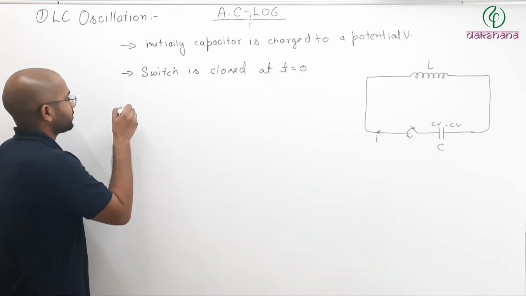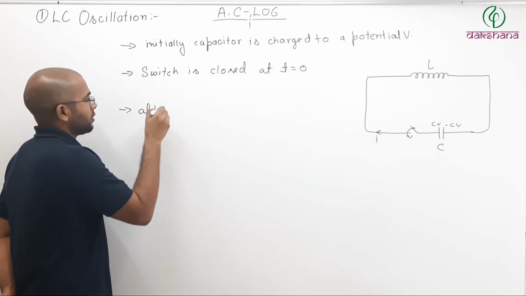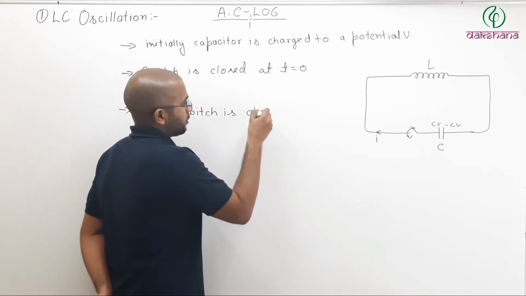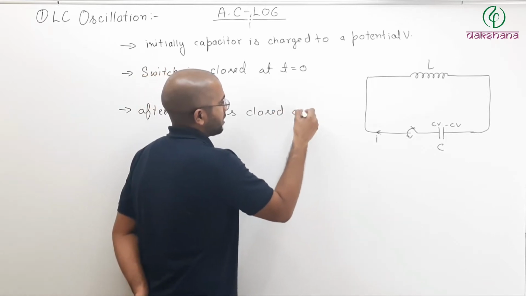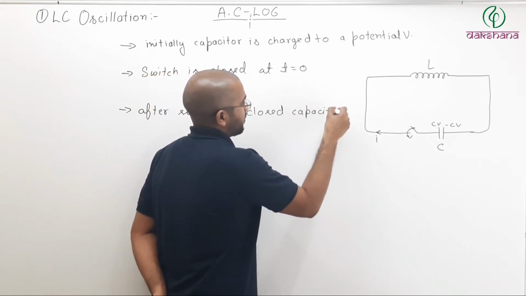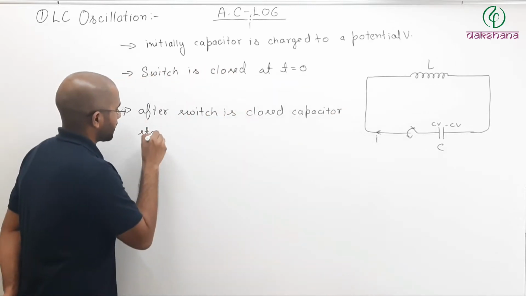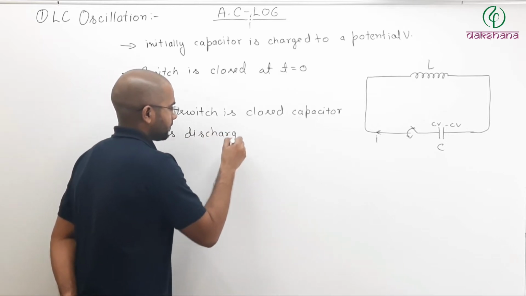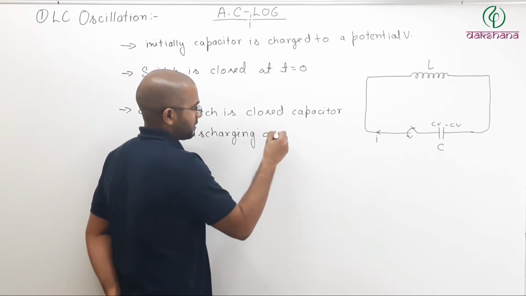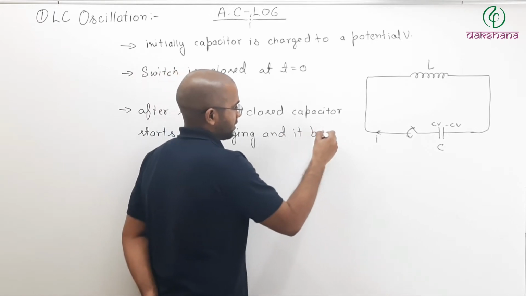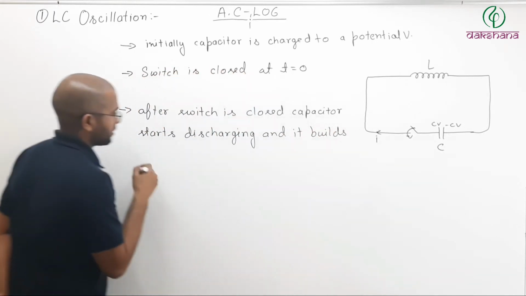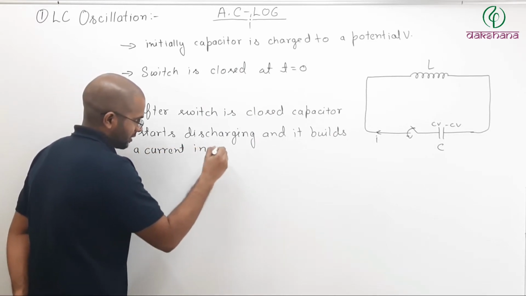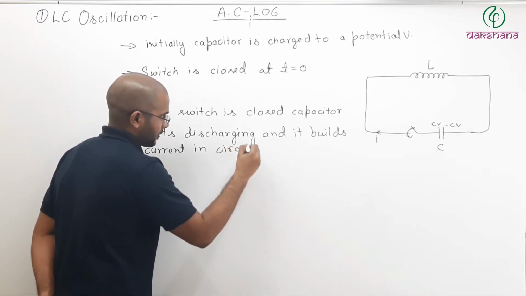So what I can write? After the switch is closed, the capacitor starts discharging and it builds a current in the circuit like this.